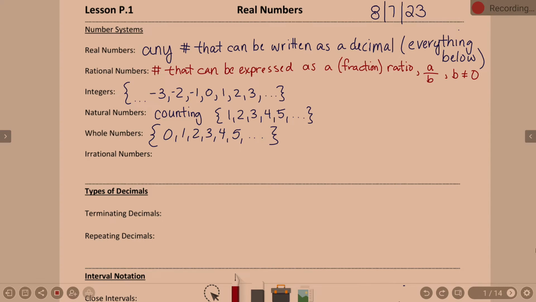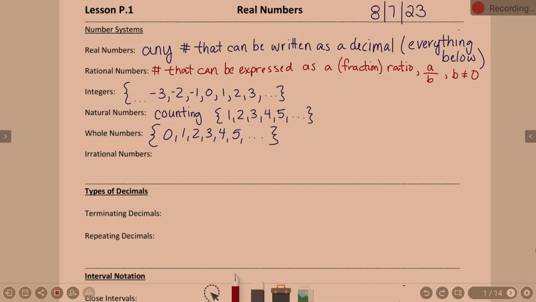What kind of numbers cannot be expressed as fractions? Certain what? Repeating decimals. Technically, repeating decimals can. I'll say the fraction 1/3. What is 1/3 as a decimal? It's 0.333333, isn't it?